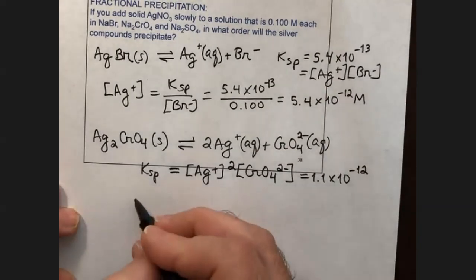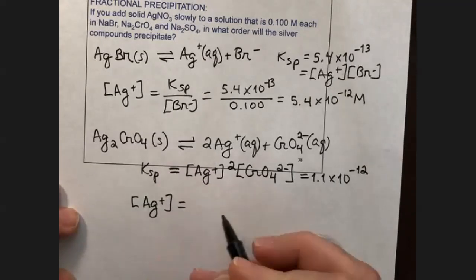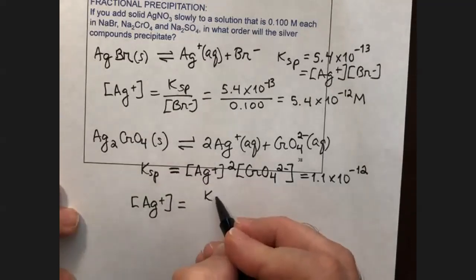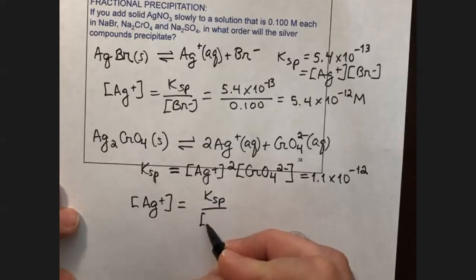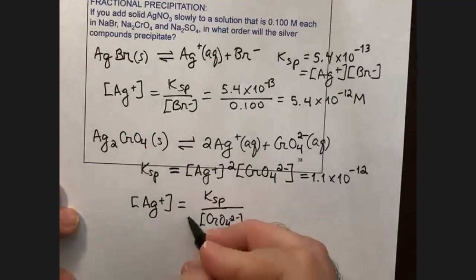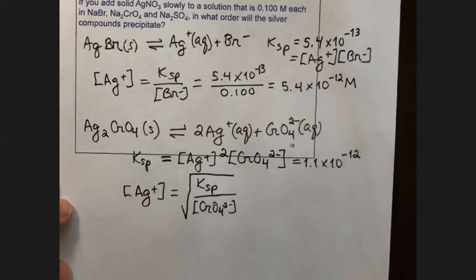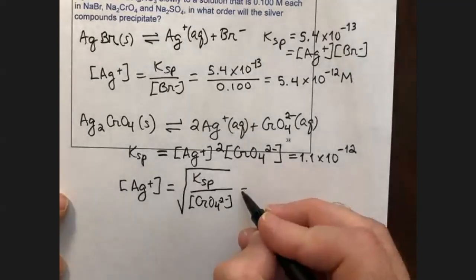So that means that here, the silver ion concentration I'm looking for would be KSP divided by the chromate ion concentration, but I got to take the square root of that because this is going to be squared in here, right?